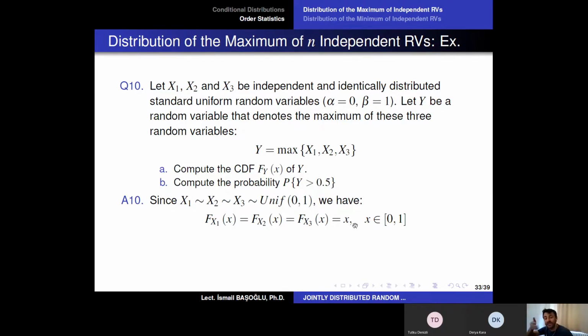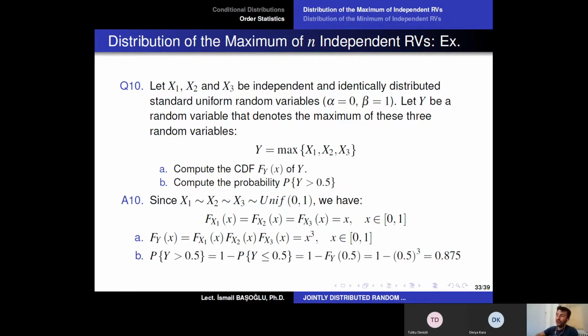But these three random variables are independent from each other. Though their distributions are the same, they are independent from each other. Therefore, the maximum of these three random variables has the CDF as the product of each of the three CDFs, which is x to the power 3.